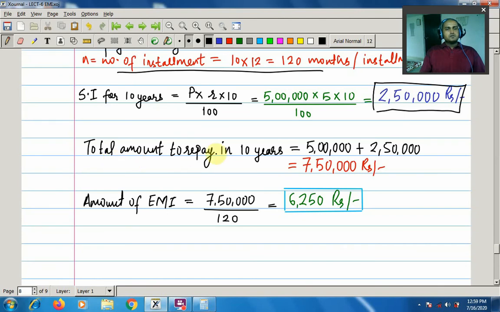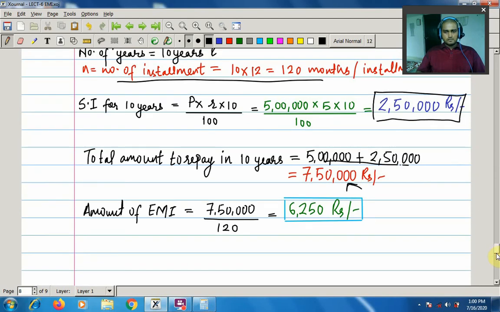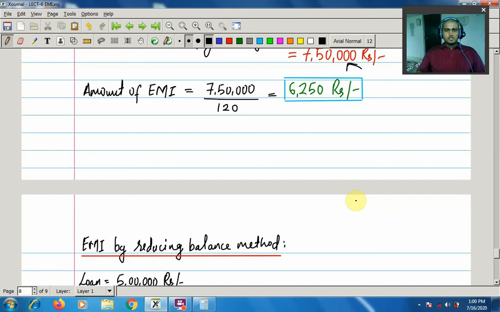Total amount to repay is 5 lakhs plus 2 lakhs 50,000, so 7 lakh 50,000 you are paying instead of the 5 lakh rupees loan. Amount of EMI is just divided by the total number of installments, 120. So 6,250 rupees is the amount of one installment.